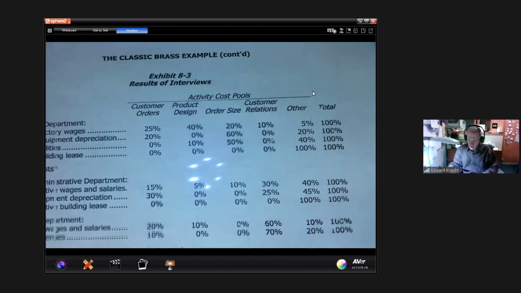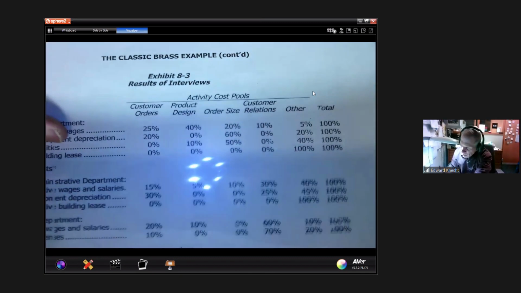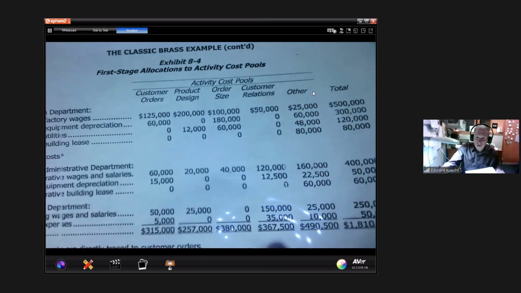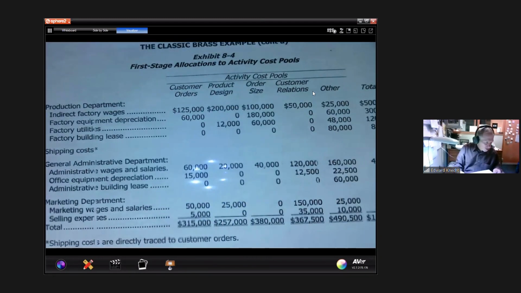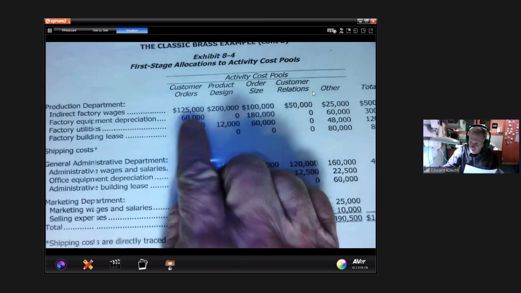Now that you have those percentages, you can get the dollar amounts. You use those percentages times the total cost for indirect factory wages, which is 500,000. If you multiply it by 25%, don't you get 125,000?